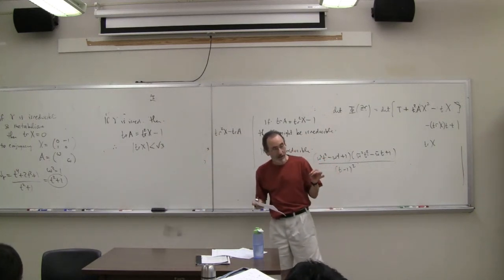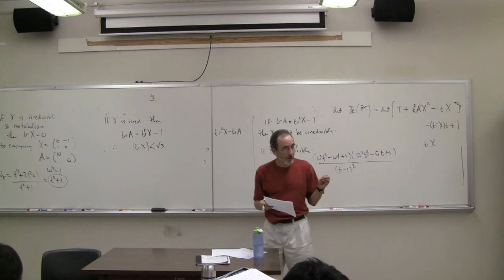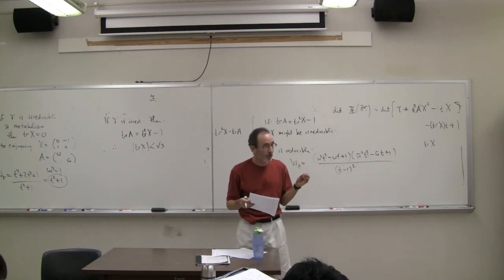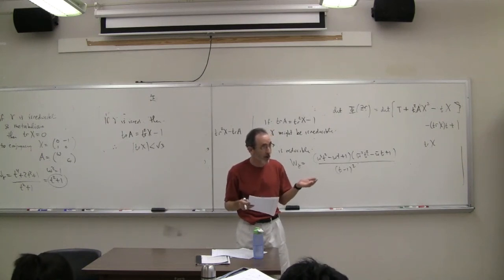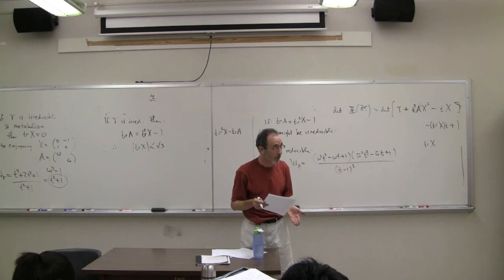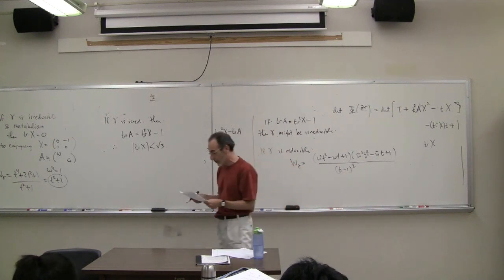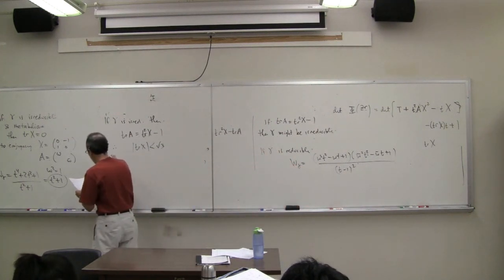Remember that conjugacy classes for the irreducible ones are going to be parameterized by the trace of x, and hence parameterized by this number, omega. And so you get a situation like this.